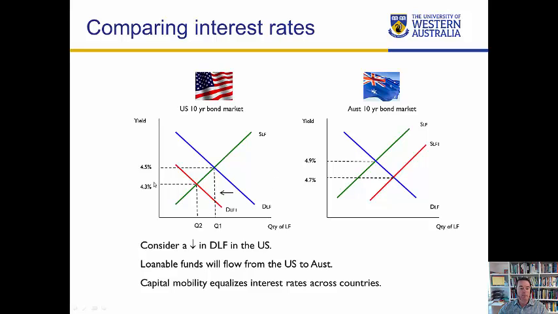So what you can see is that a 0.2% drop in US bond yields that occurred as a result of a domestic drop in borrowing in the United States then transferred itself to a 0.2% drop in bond yields in Australia. So it's really that international capital mobility, the ability of these loanable funds to move between bond markets internationally, which keeps interest rates in developed countries moving very closely together over time.